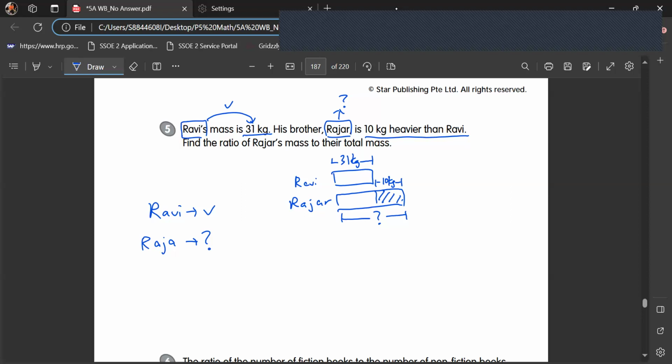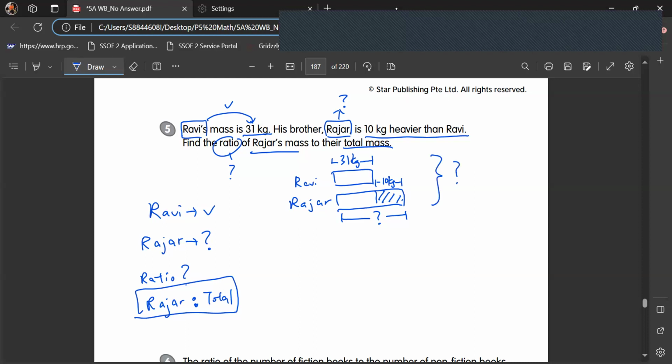Then the last part asks to find the ratio of Raja to total. So this is the question, and this is the total.